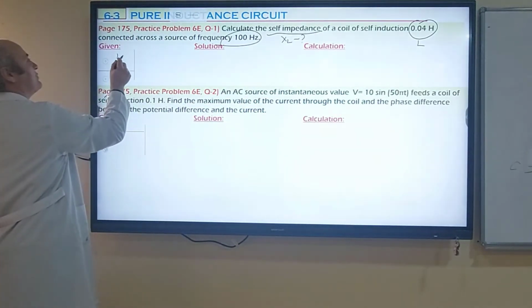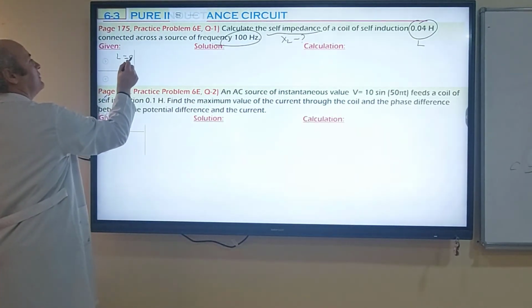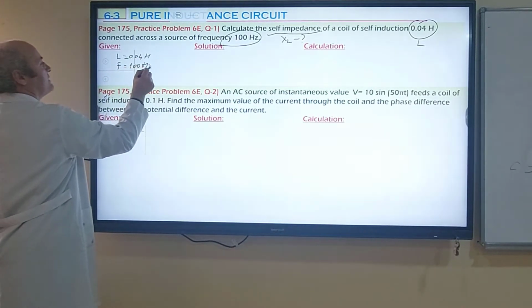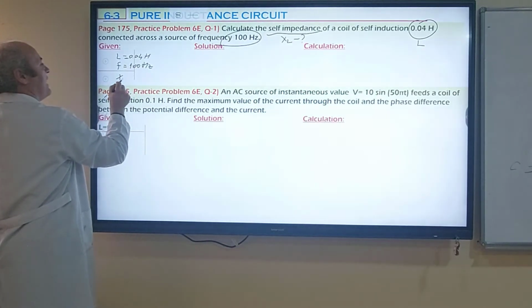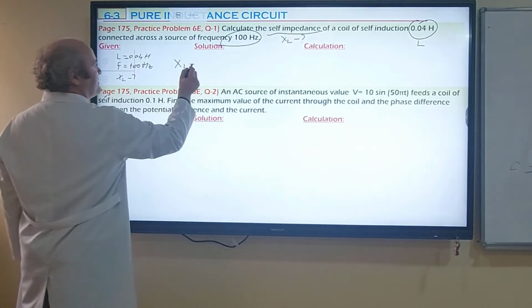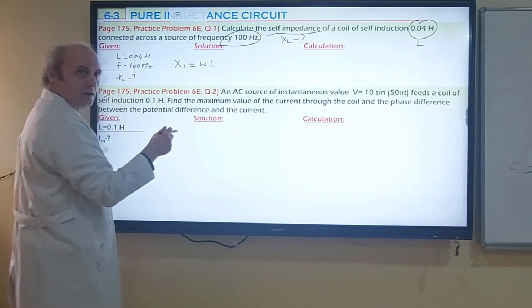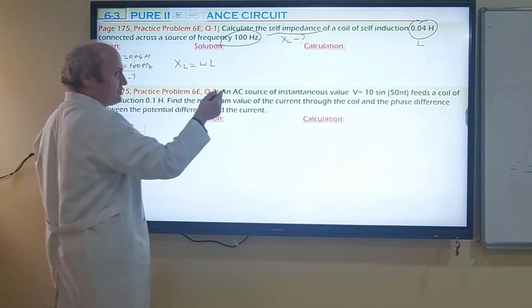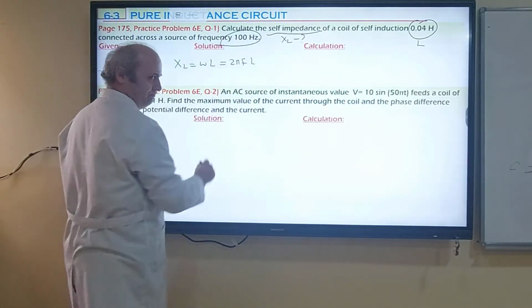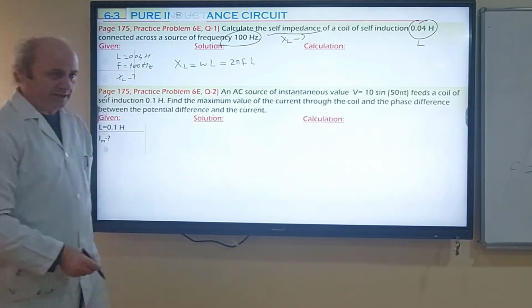L is given as 0.04 Henry, F is given as 100 Hz. Calculate inductive impedance XL. XL is omega times L. But omega is not given, so we should calculate omega as well, 2 pi F. Write them all and calculate.